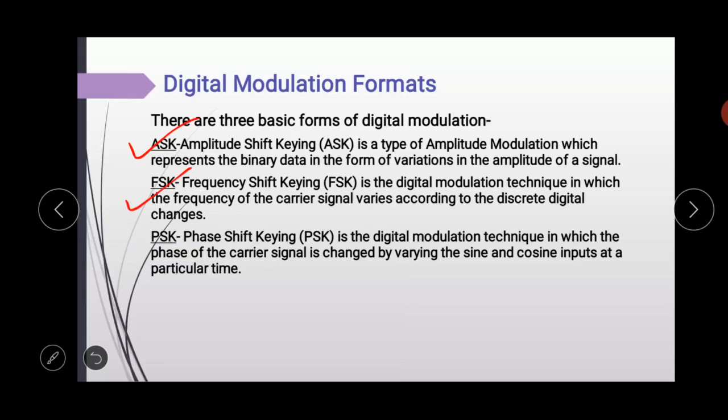In FSK, the frequency of the carrier changes according to the input digital signal, and in PSK, phase of the carrier changes according to the input given.